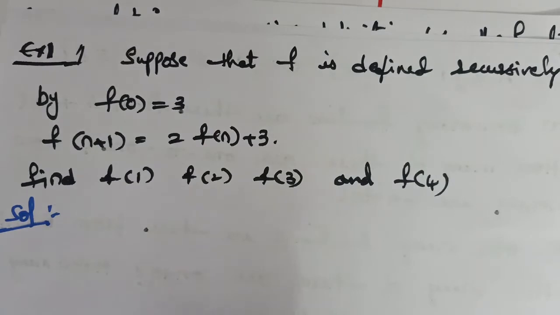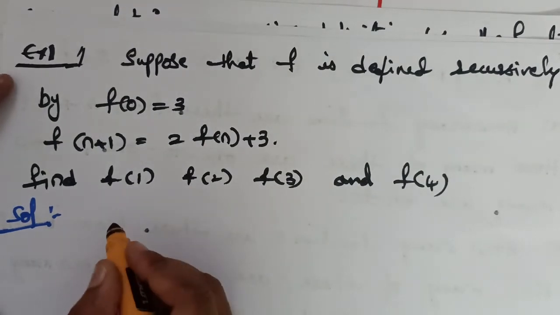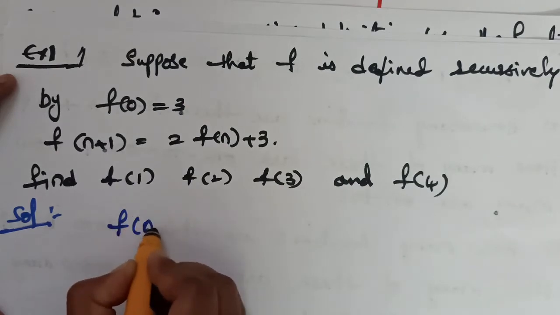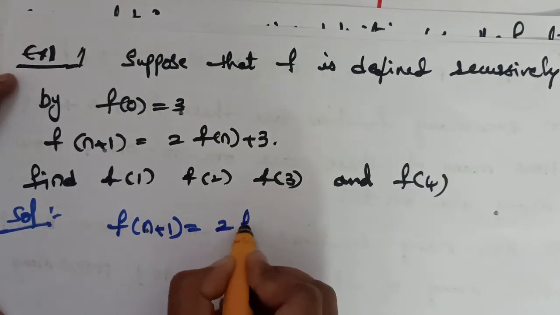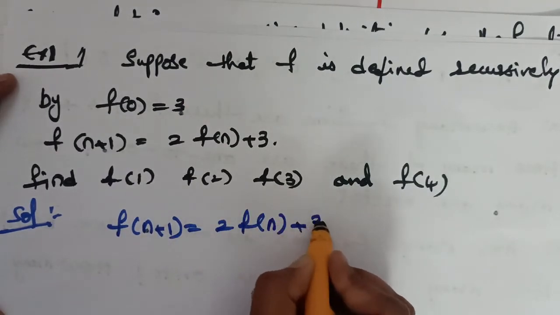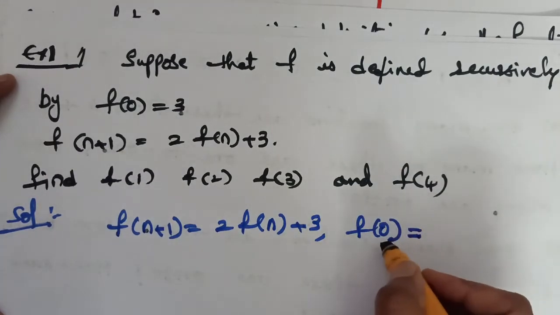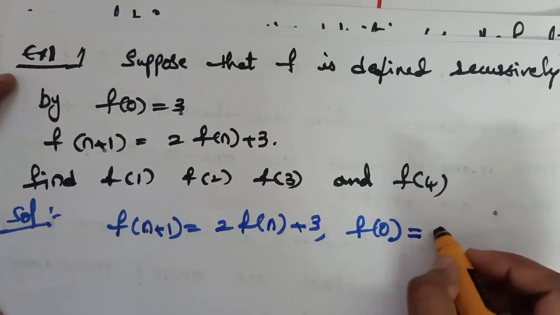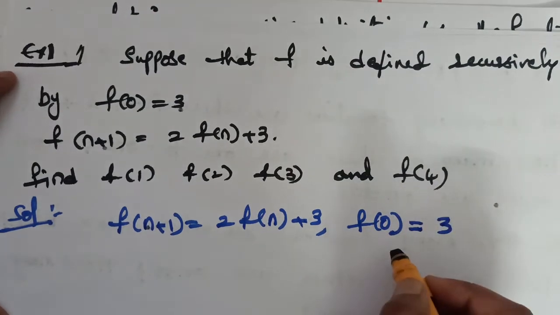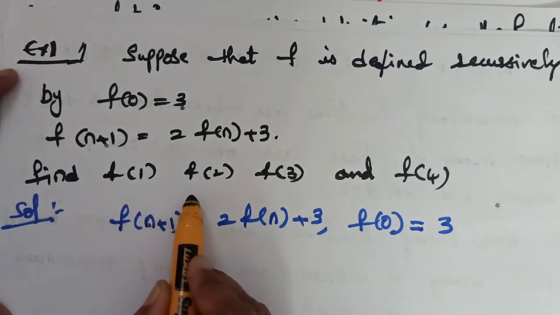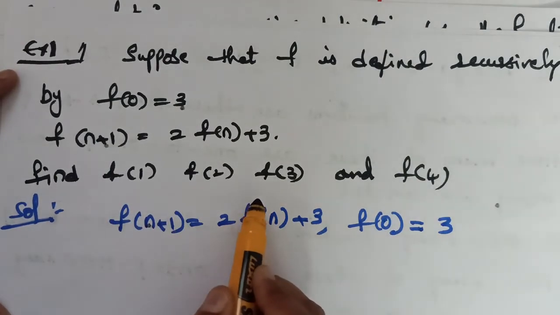Here f is defined recursively, that is, f of n plus 1 is equal to 2 into f of n plus 3, and also given that f of 0, the function value at 0, is 3. Using this you need to find out f of 1, f of 2, f of 3 and f of 4.